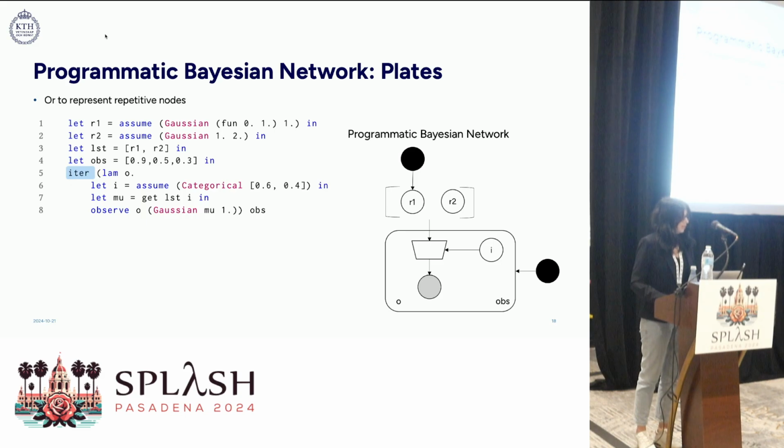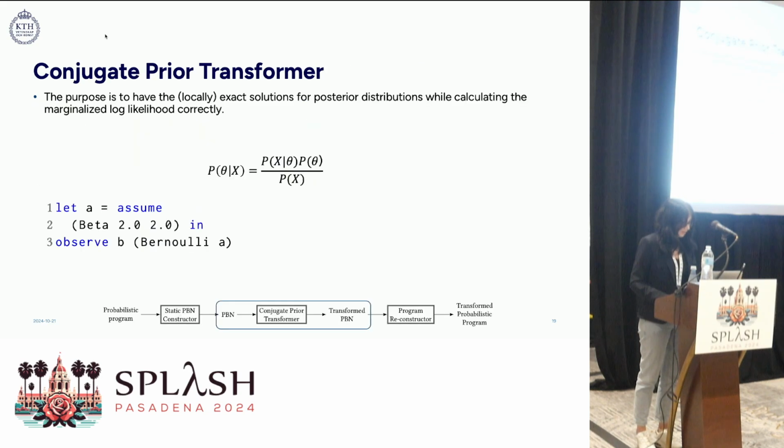And then the third one is for increased expressibility of our model and optimization method: we also include the plate notation, which is very much used in topic modeling.